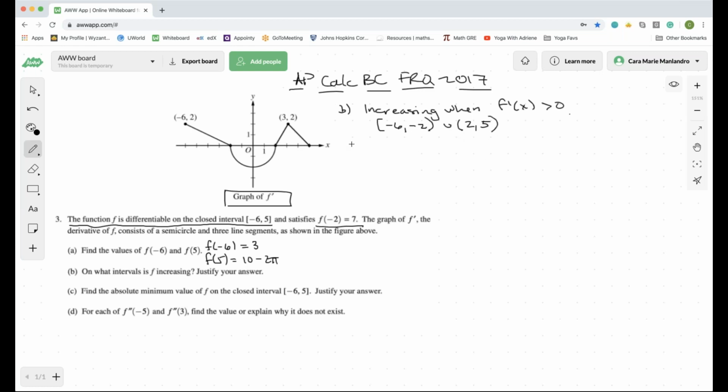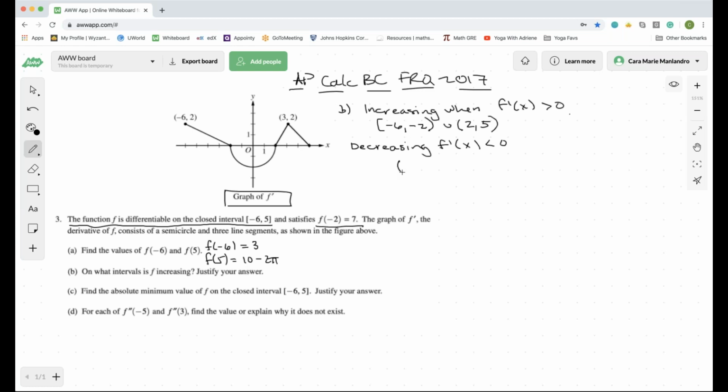Okay, and then let's go ahead and just talk about where we're decreasing. So decreasing is when f prime of x is less than 0, right? So the question, would it be safe to use open brackets? You would actually not get it correct if you put an open bracket here. So we have to be a little careful.